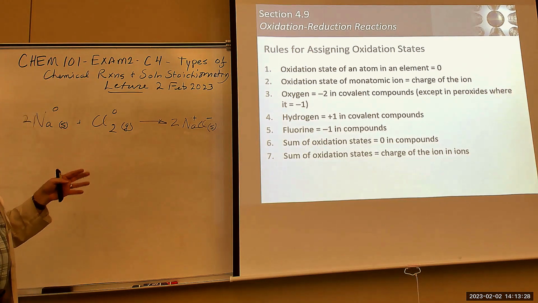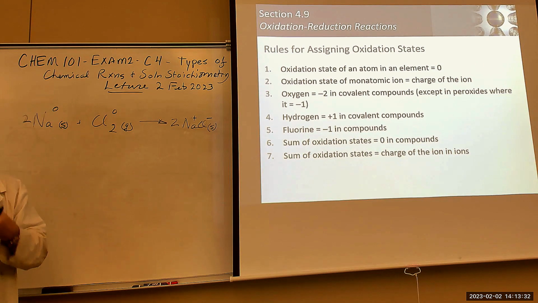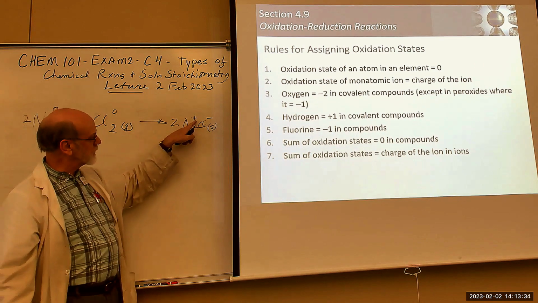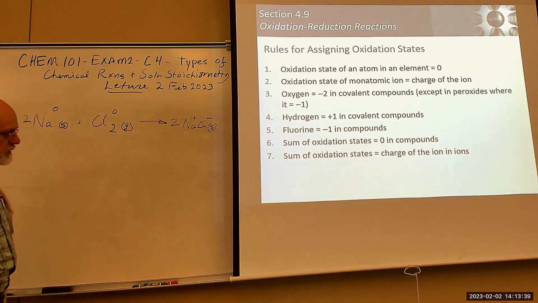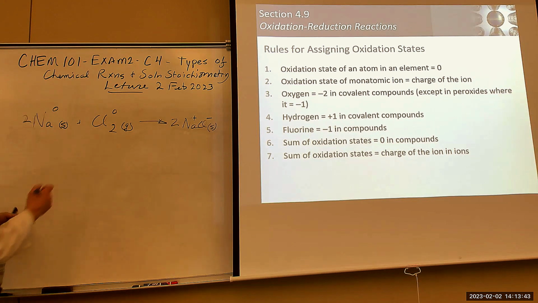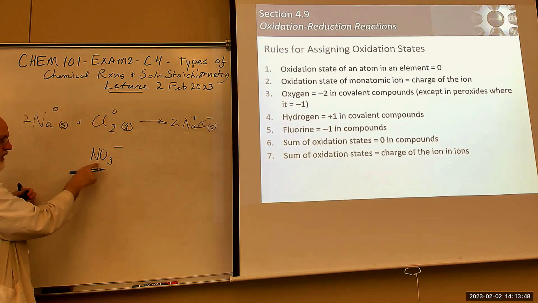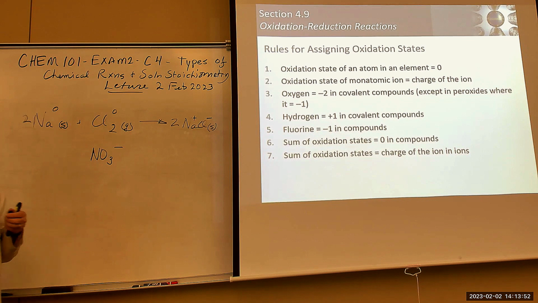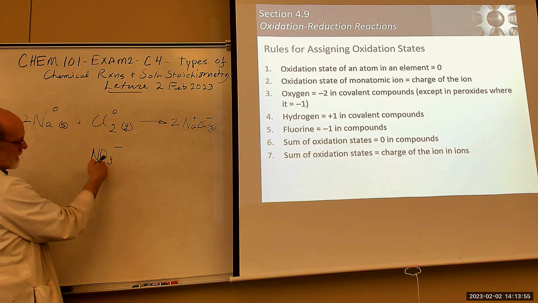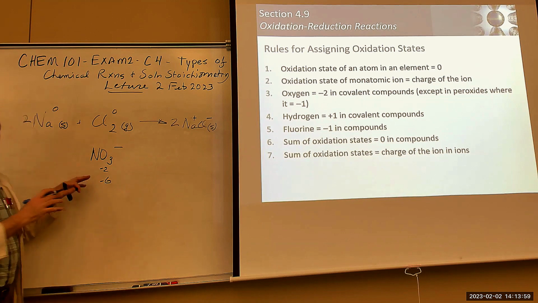With that information, now we can say that the sum of the oxidation states in a neutral compound is always 0. So for instance, +1 and -1, that's neutral. The sum of the oxidation states in a polyatomic ion, say like nitrate. So if you sum up the oxidation states for all of those atoms, it has to be -1. So let's see what it is. -2 for the oxygen times 3 is what? -6 total.